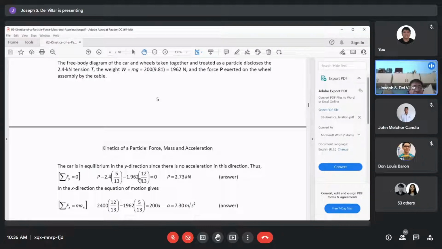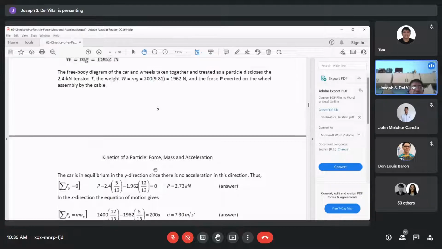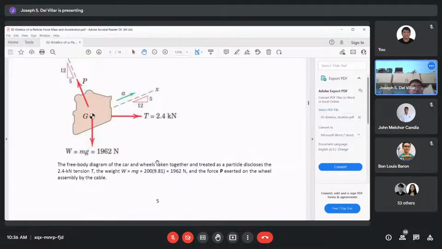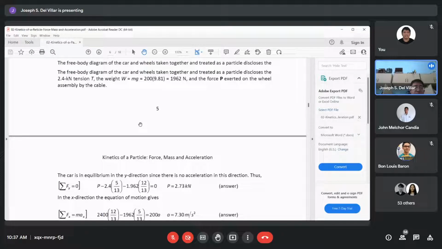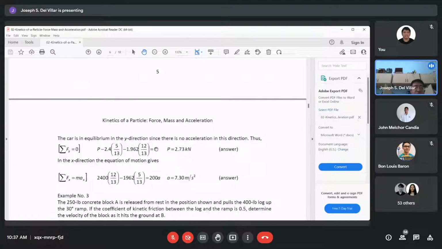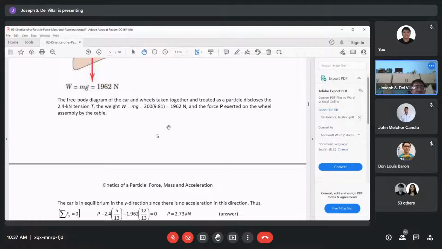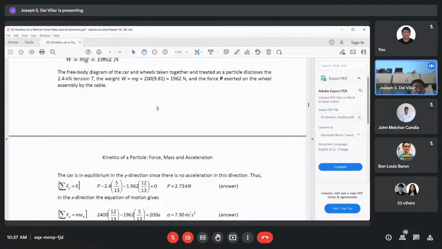So we have P minus 2.4 times 5 over 13. Okay, so here, we took the y component, no? Of the tension. Minus, okay, this one, times 12 over 13. So we have P is 2.73 kilonewtons.